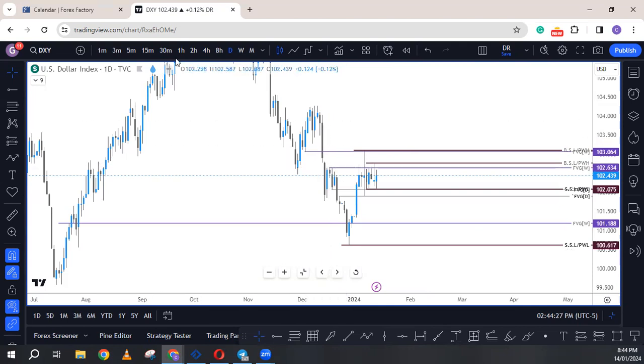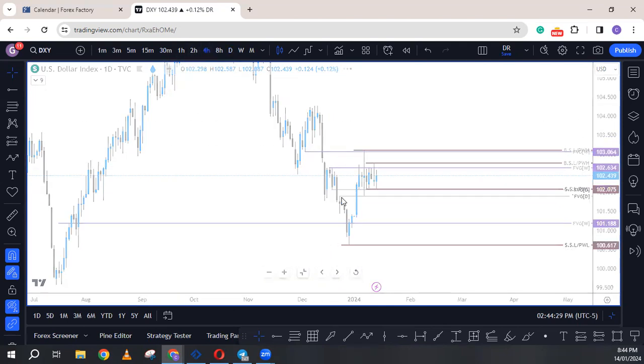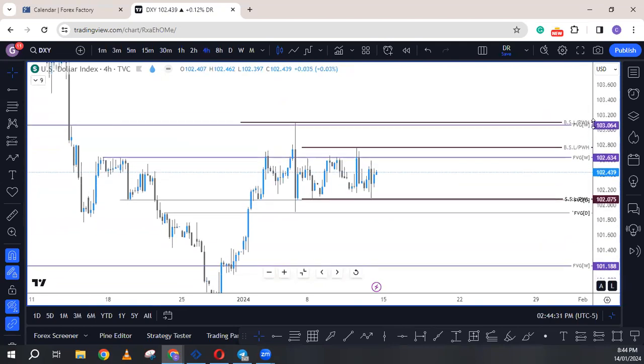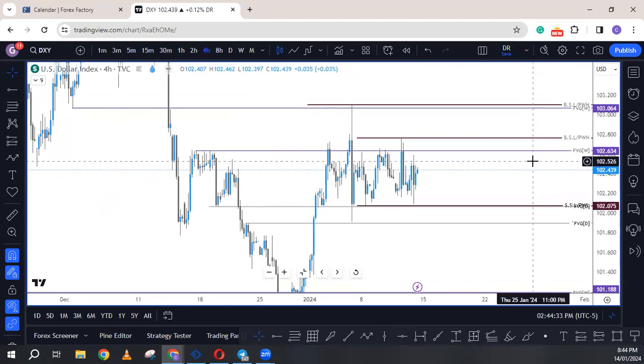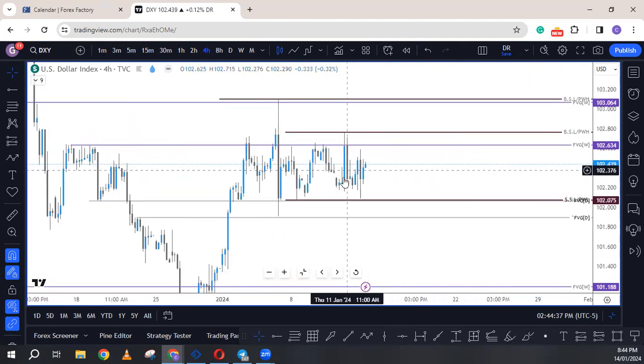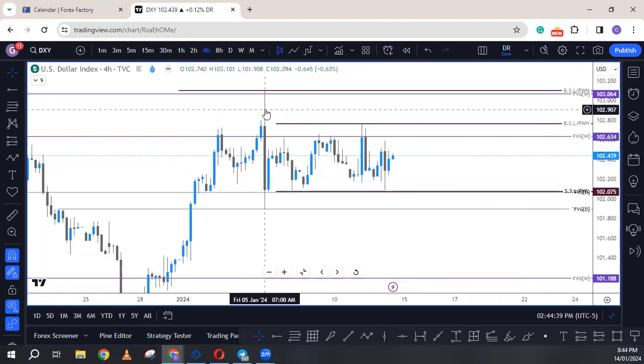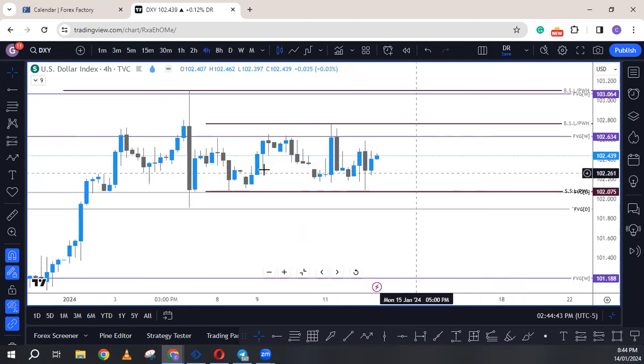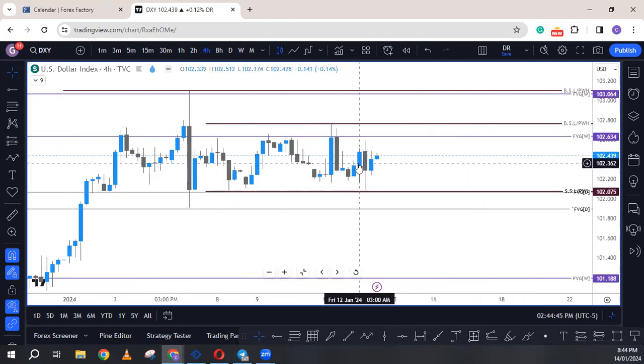But if we drop down now to the 4-hour time frame, it becomes a little bit clear what we're facing. We're having a range. Note this single candle here. All activity has been within its body.